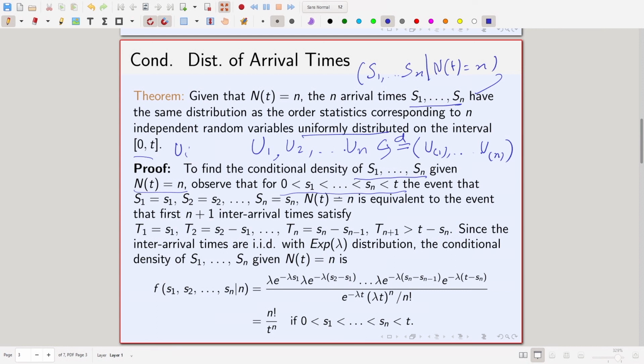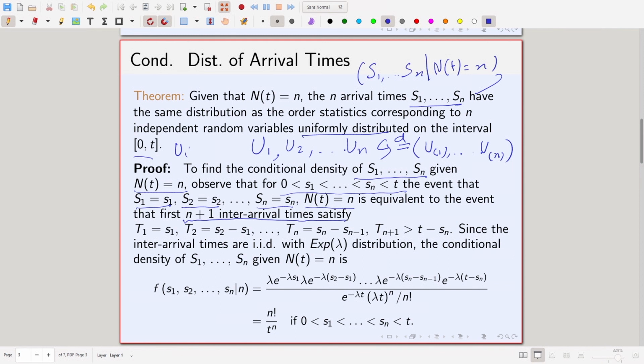Now for given S1, S2, ..., Sn which satisfy this constraint, the event that the time of first arrival is S1, the time of second arrival is S2 and so on, the time of nth arrival is Sn, and up to time t there have been exactly n arrivals, is equivalent to the event that the first n plus 1 interarrival times satisfy certain conditions. If the first arrival is at time S1, that means the first interarrival time is S1.